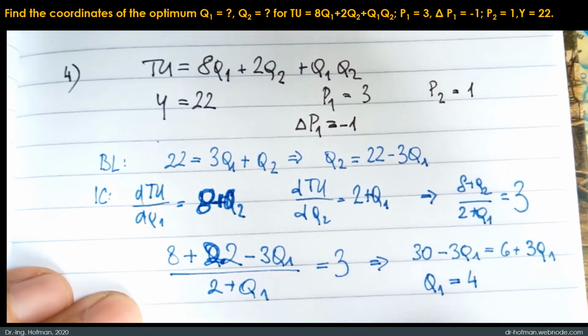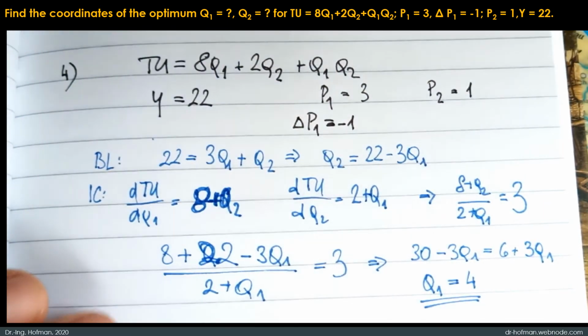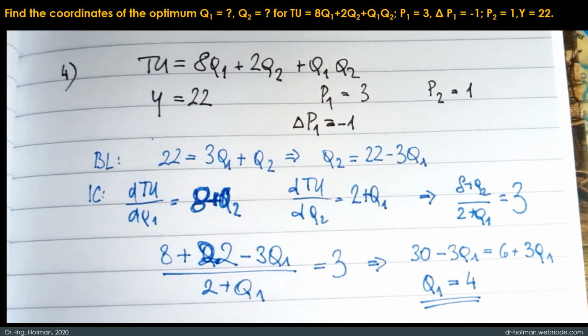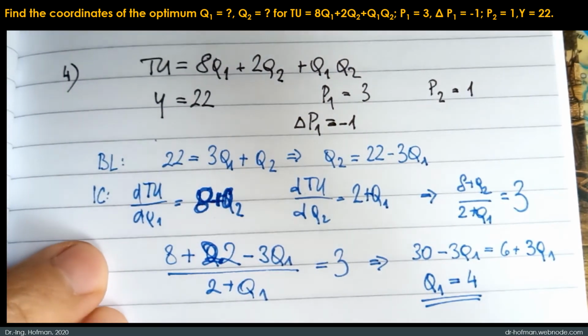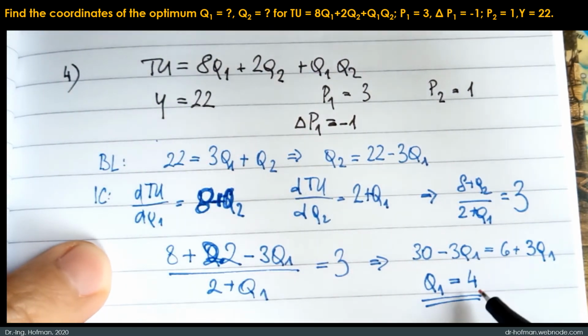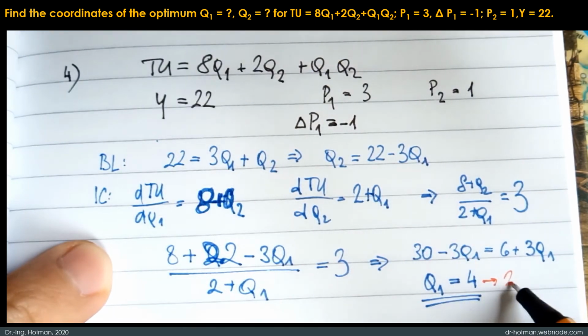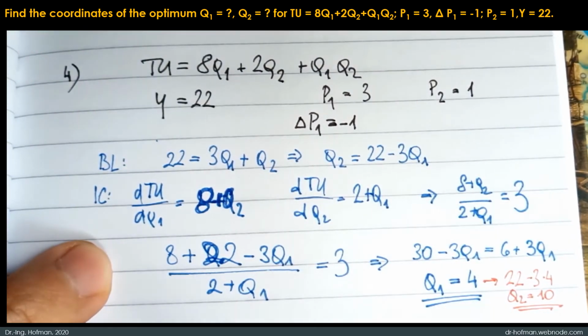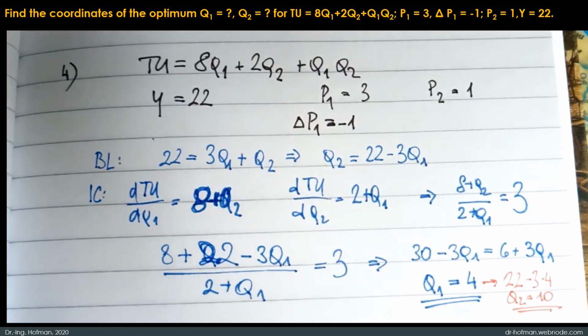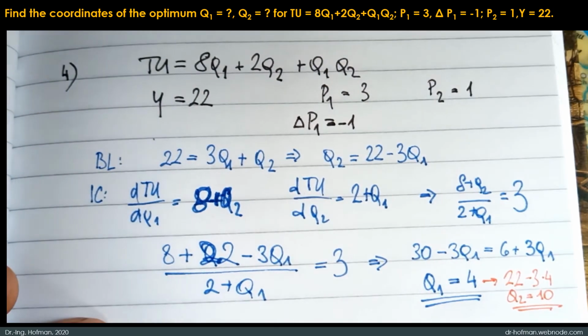Quantity 1 is 4. I need the other coordinate for quantity of the second good, Q2, which is easy. I just substitute Q1 in this expression, 22 minus 3 times 4. By heart, quantity of the second good is 10 pieces or units. Now I have both coordinates of the optimum in the first situation.